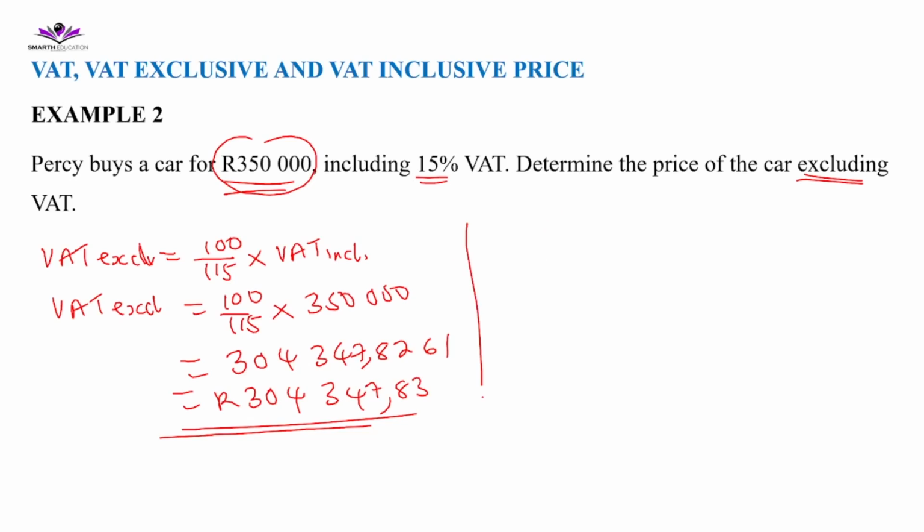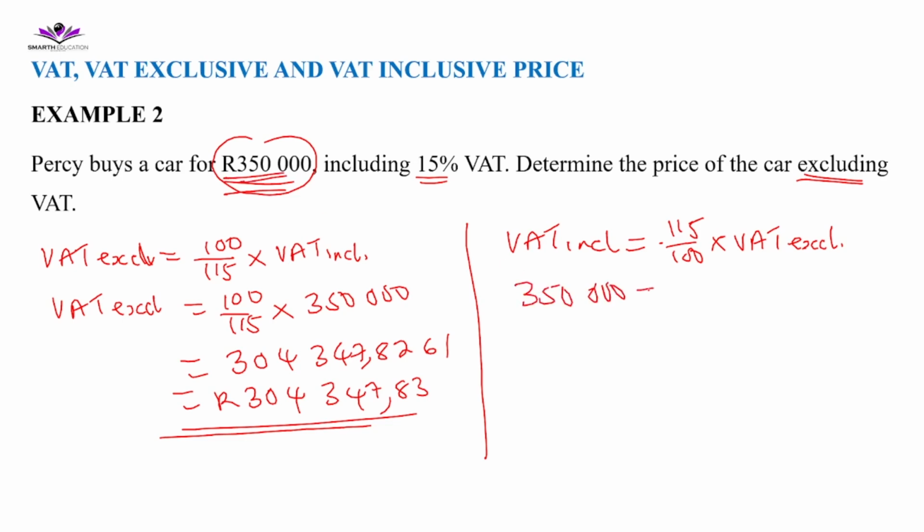Even from the formula of finding the VAT inclusive price, if you still remember, the VAT inclusive is equal to 115 over 100 times VAT exclusive price, right? So meaning that 350,000, which is the VAT inclusive price, is equal to 115 over 100 times the VAT exclusive price, right?